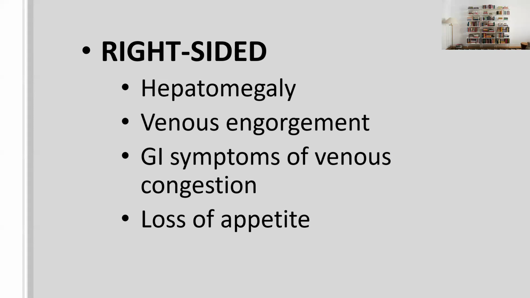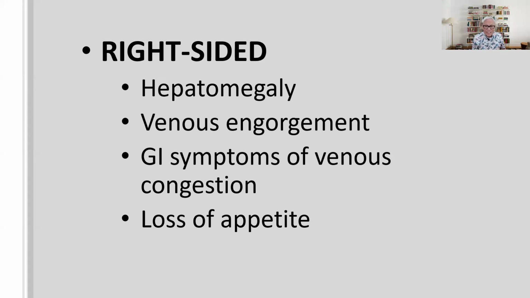The other thing is that you're going to have GI symptoms of venous congestion. And what are some of the GI symptoms of venous congestion? Well, this would result obviously in the accumulation of fluid in the peritoneal space, and therefore this is going to increase more pressure on the stomach.